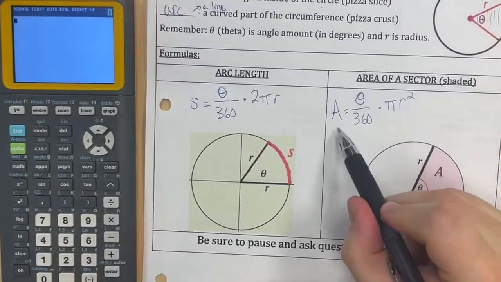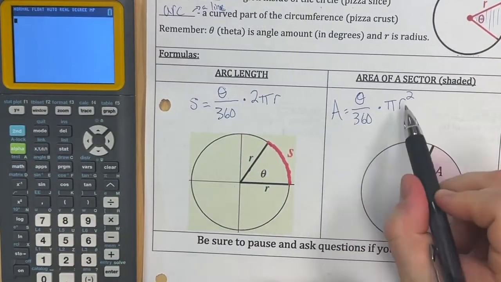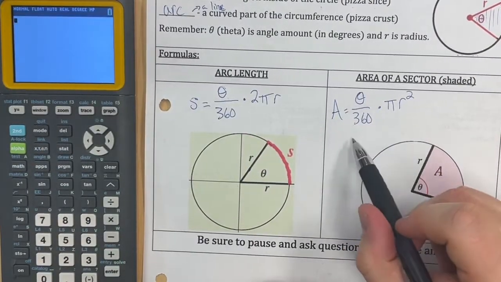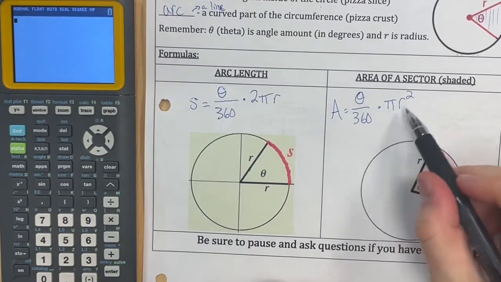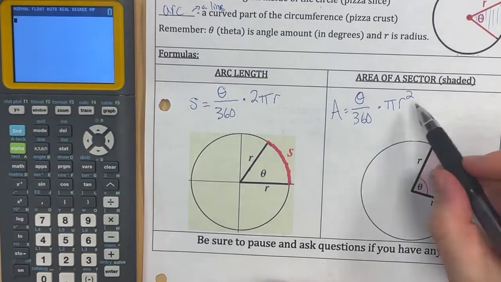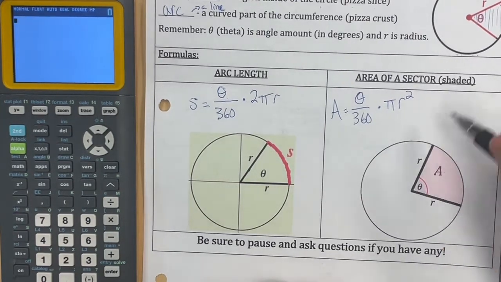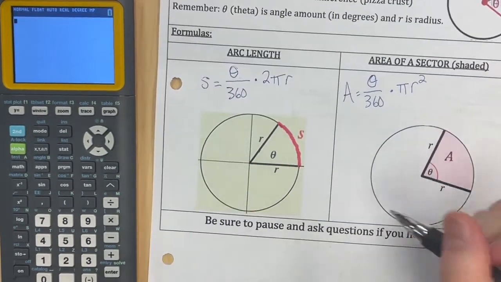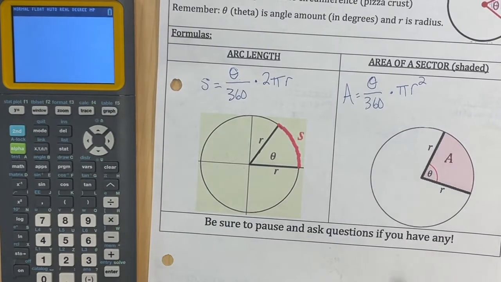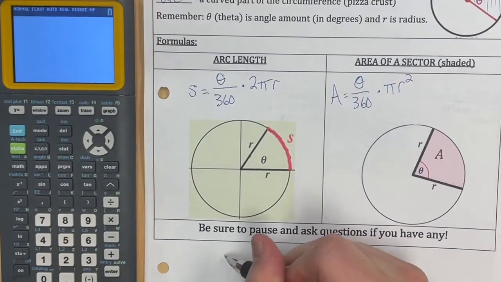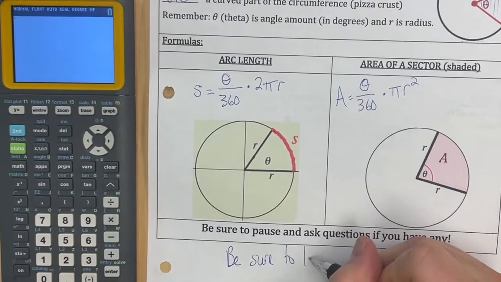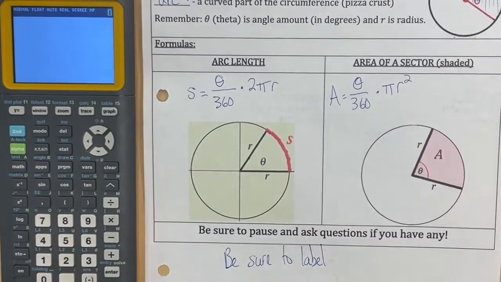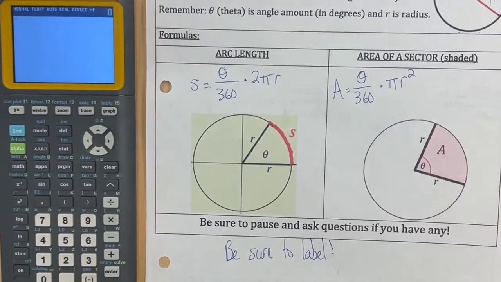Notice how it's very similar to the area of a circle, but we're just taking that angle amount theta and multiplying it by pi times the radius squared. So as always, be sure to pause for yourself, ask any questions that you may have, and be sure to label. Important part of that, make sure that you're labeling that part correctly.